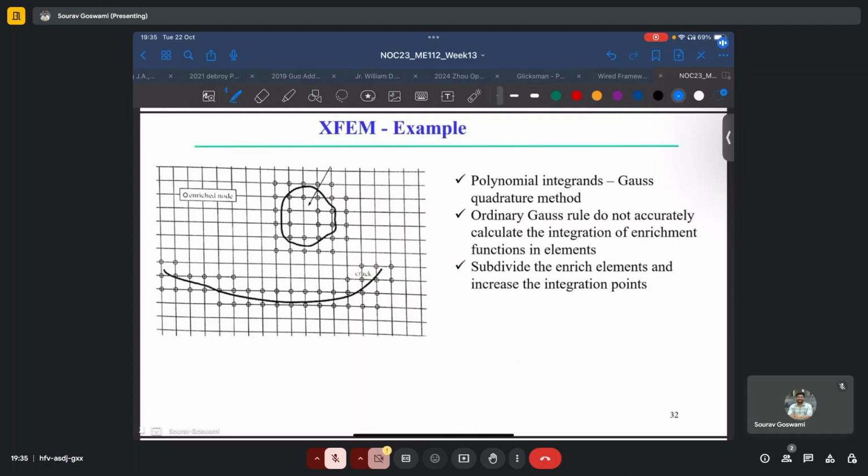Typically, the polynomial integrands would use a Gauss-Quadrature method of integration. An ordinary Gauss rule does not really accurately calculate the integration of enrichment functions in elements, and we subdivide the enrichment elements and increase the integration points at their nodes.